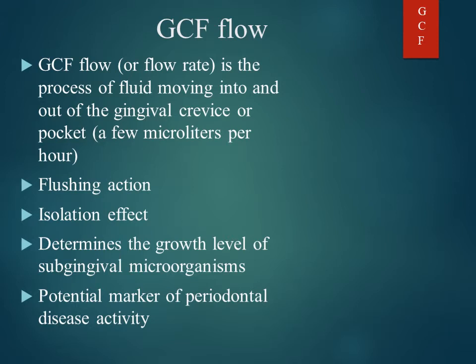Okay, so it is a very good ideal place to thrive for the microorganisms, because the salivary flow will wash out the oral microorganisms continuously, and hence GCF is like a potential tool for assessing your periodontal disease activity.